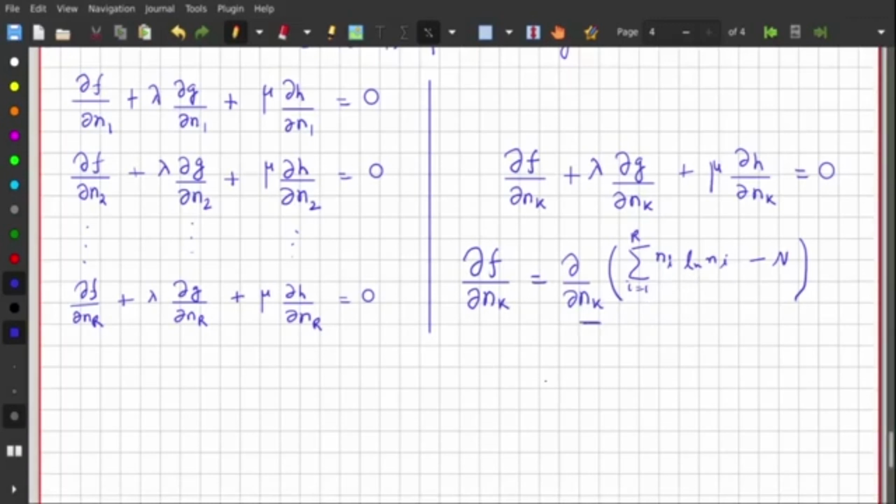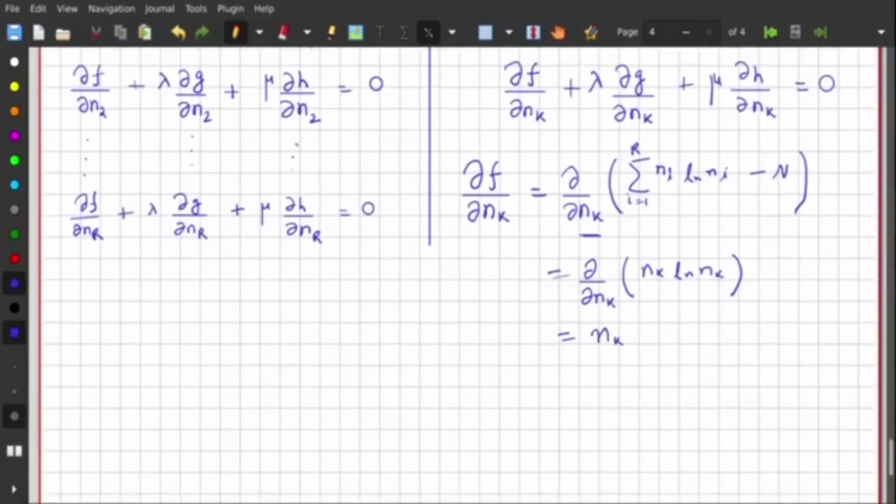Okay. So what this will become is partial with respect to nk of n sub k log n sub k. Now we can use the product rule of derivatives. So nk as it is times the derivative of log nk, plus log nk times the derivative with respect to nk of nk itself.